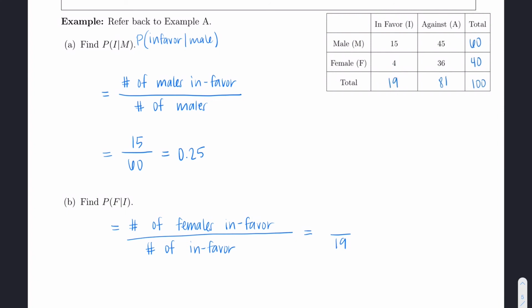To find the numerator here, I'm going to look at the intersection of in favor and female. And so here I care about this 4, and so I'm getting 4 divided by 19, which is equal to 0.21, and then you can round that up to 1. And so there's the probabilities for this example.